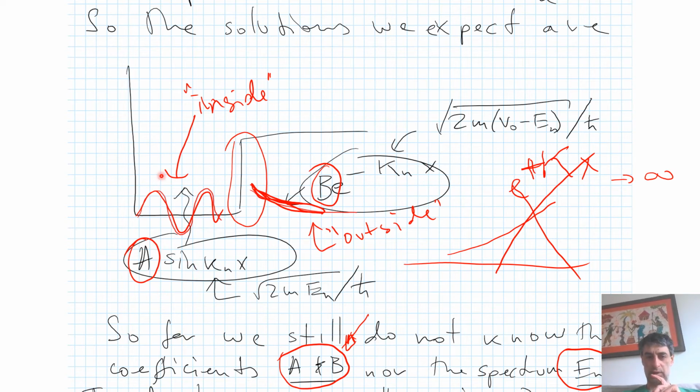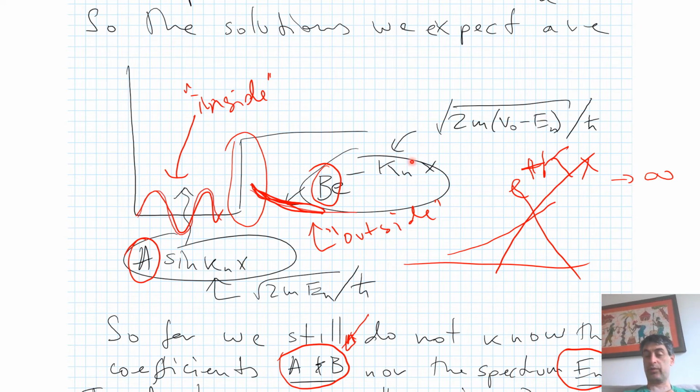So you can see that there's a solution inside, which has an amplitude A. There's a solution outside, which has an amplitude B. So A and B are not known. Kn for the inside is not known, and kappa n for the outside is not known, but they're actually connected by the energy, because we have a formula for kappa n and Kn, and both of these formulae involve the energy, right?